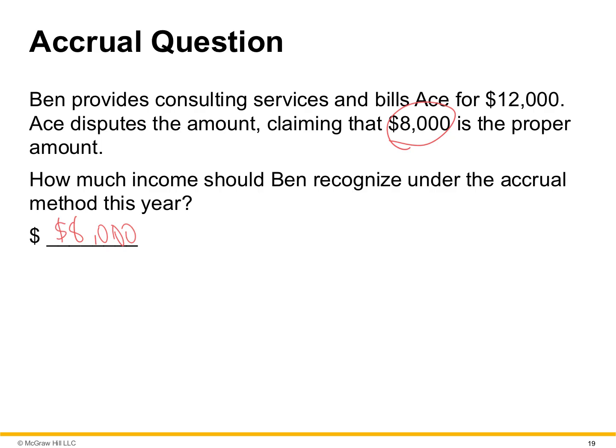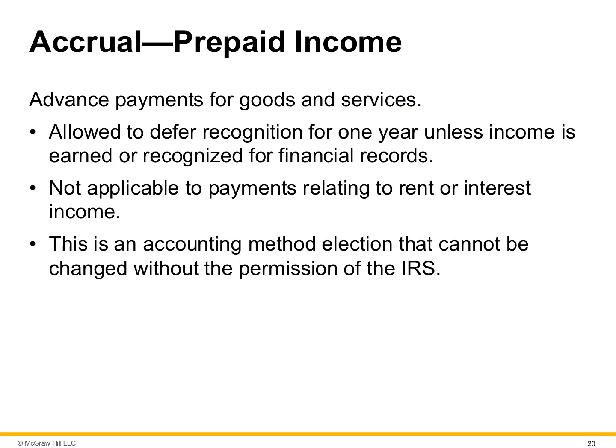The reason why is because that revenue is contingent on a claim, or another way to say that is it is under dispute. Under the accrual method, something that we would have to deal with for tax purposes is prepaid income, or in financial accounting classes, we might call it unearned income.